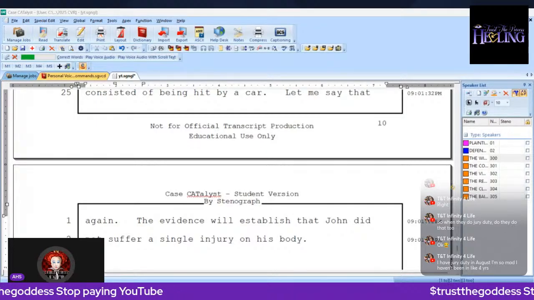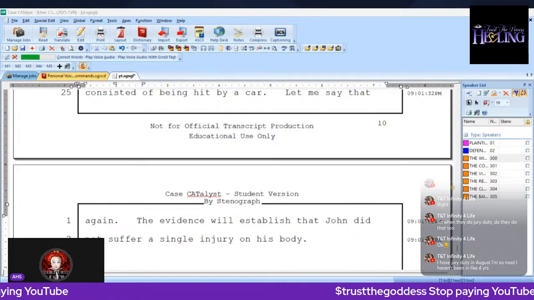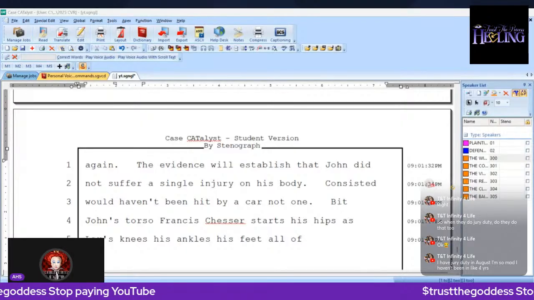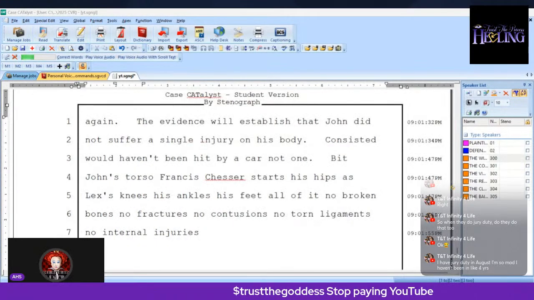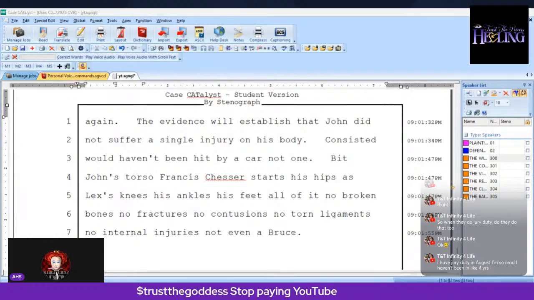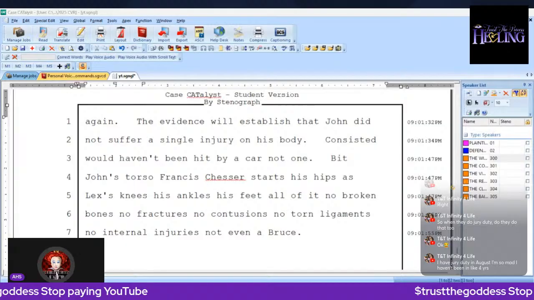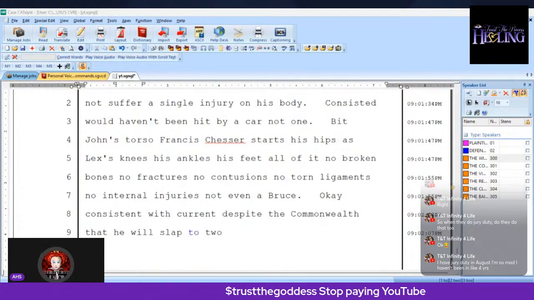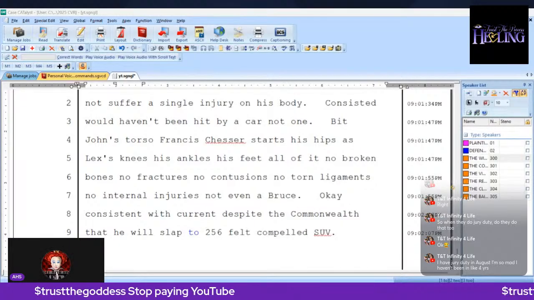You'll learn that John's torso, his ribs, his chest, his arms, his hips, his legs, his knees, his ankles, his feet, all of them, no broken bones, no fractures, no contusions, no torn ligaments, no internal injuries, not even a bruise. Nothing consistent with a car accident, despite the Commonwealth's contention that he was slammed into by a 6,000-pound SUV. Not a bruise.